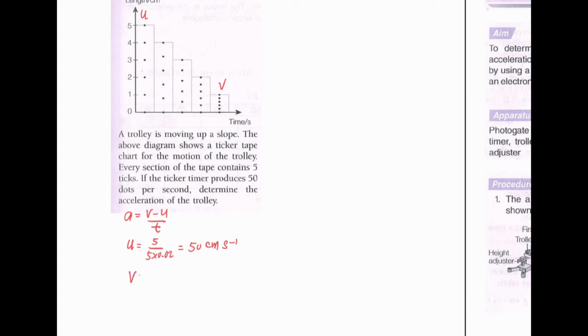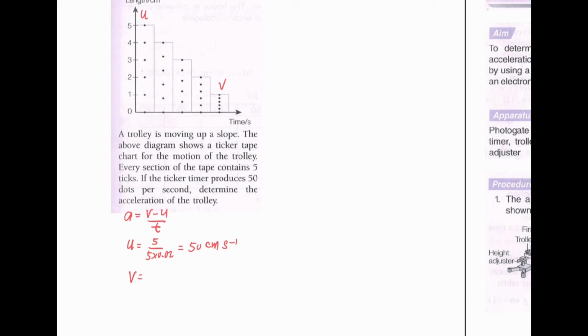Now let's start with u first. So u, you see the length is 5 cm, so 5 divided by the time. The time, we have 5 ticks over there, 5 times 0.02, then we divide, we get 50 cm per second. Then the v.